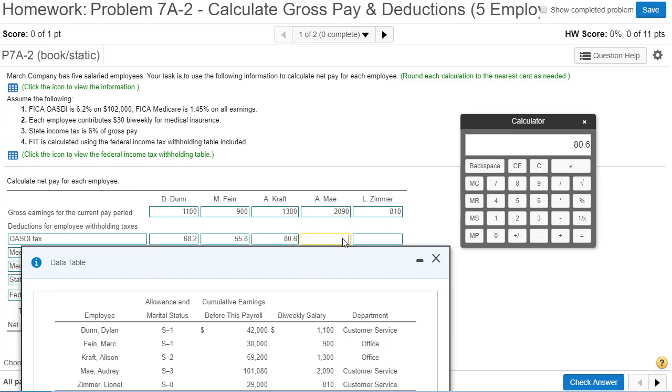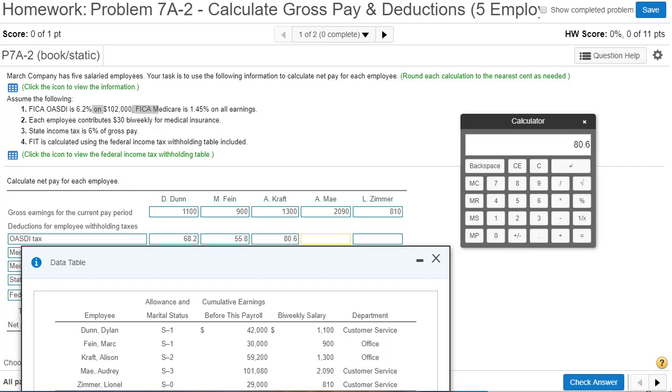Now Audrey May, notice if you take her cumulative prior, in other words, her year-to-date gross pay prior to this, and add 2,090, the gross pay for the current pay period, she's going to be over the $102,000 limit, which is listed up here. I've done the calculation for you in a detailed video, so go watch that separate video, called Problem 7A-2, Calculating OASDI Tax for Employee Audrey May.